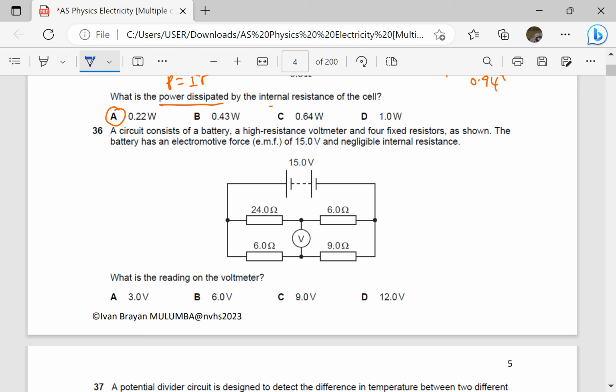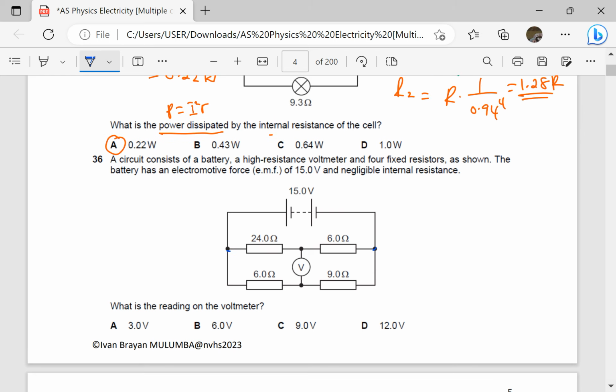To begin with, the total PD across these two is the same as the total PD across the lower combination. I can just find the current. Current is equal to the e.m.f. over total resistance.